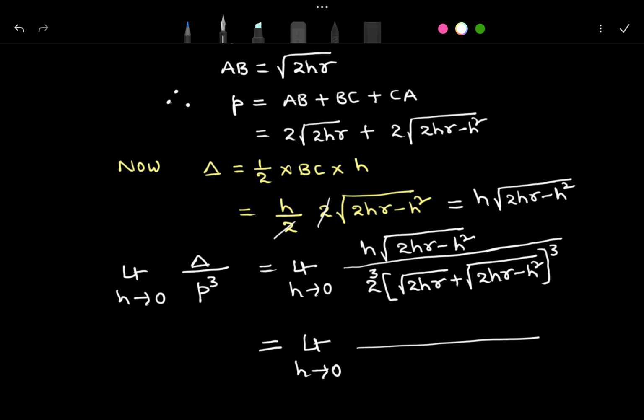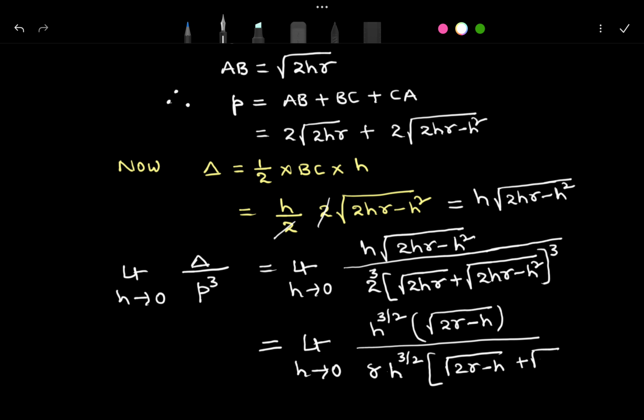By simplifying, in the numerator h is common, that means h to the power of 3 by 2 into square root of 2r minus h, whole divided by denominator 8 into, in the denominator also you take root h as common, h to the power of 3 by 2 into square root of 2r minus h plus square root of 2r.